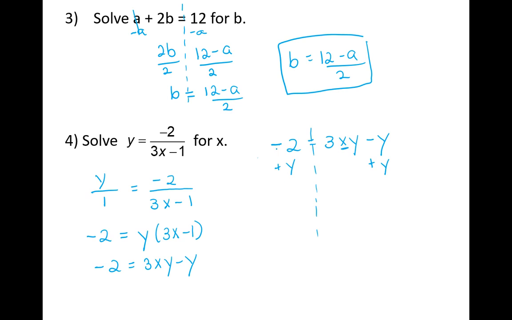It doesn't matter whether you write negative 2 plus y or y minus 2 equals 3xy. Notice those go away. Okay, so this is not so bad. We're trying to get x by itself. Look what's going on with x. It's being multiplied by 3 and it's being multiplied by y. So we need to divide by 3y.